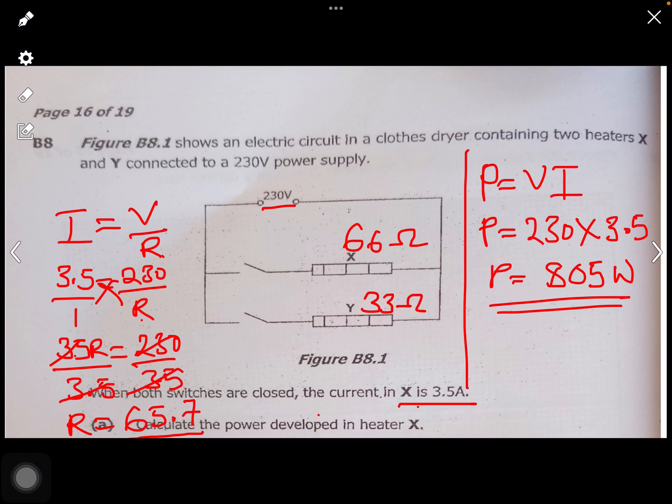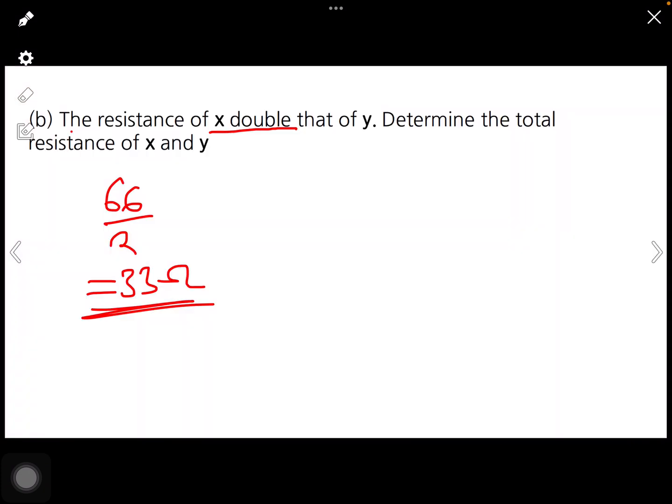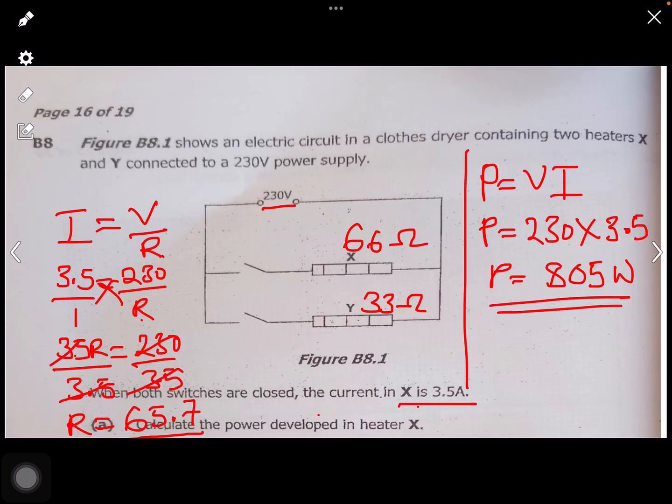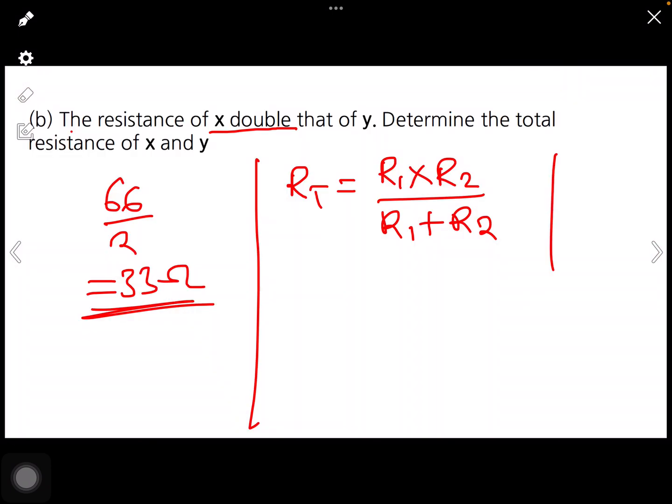Now that Y is 33 ohms, we can determine the total resistance of X and Y. We use the formula: total resistance is equal to R1 times R2 over R1 plus R2. Our X is 66 and our Y is 33.